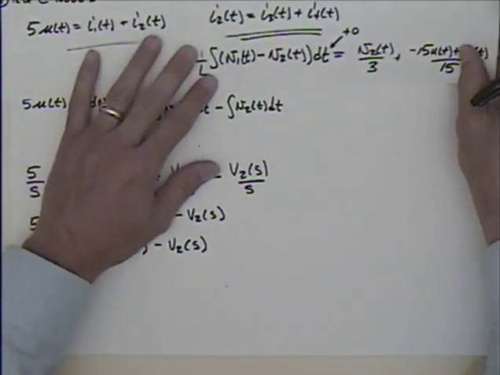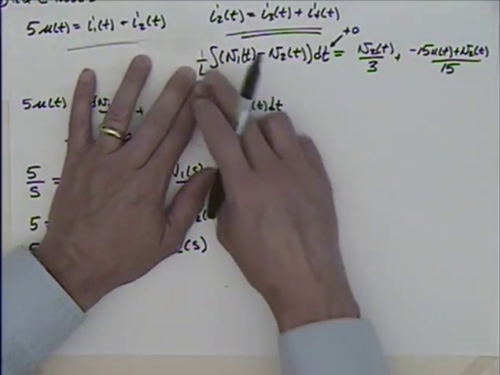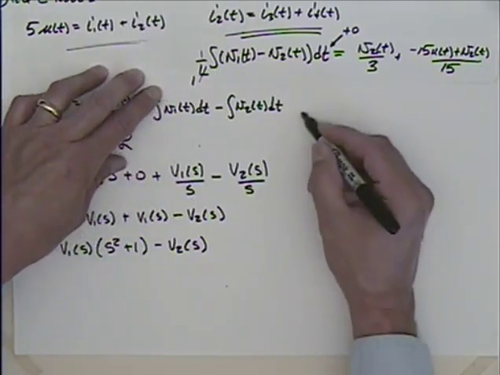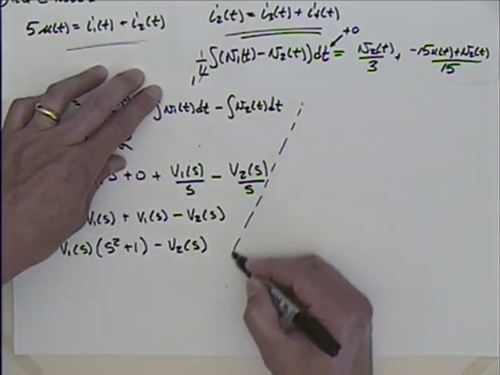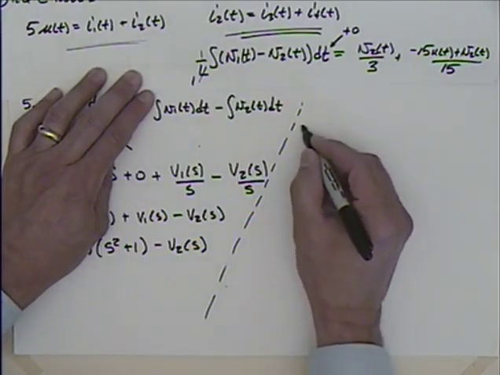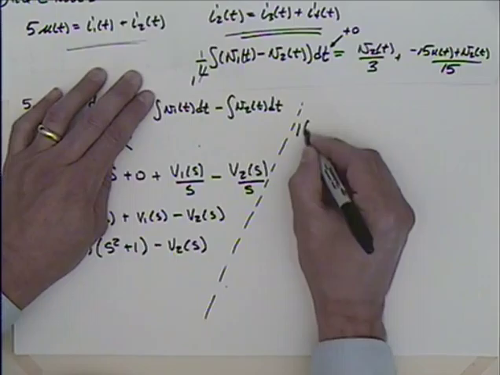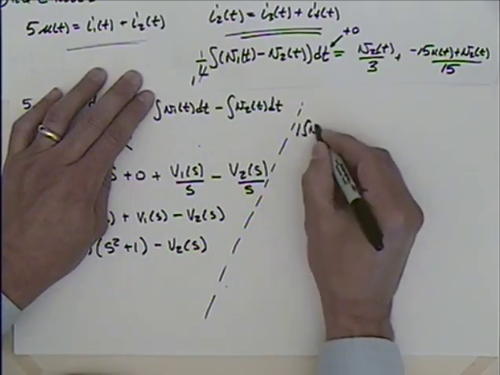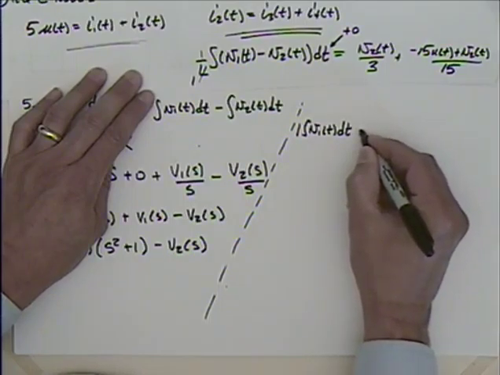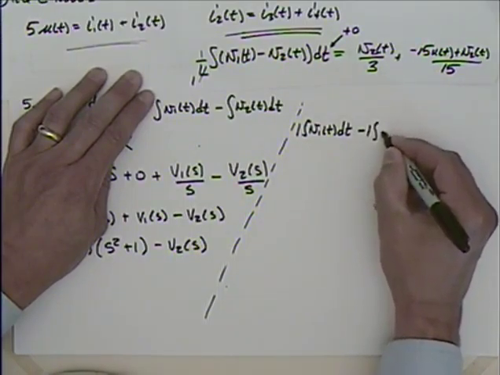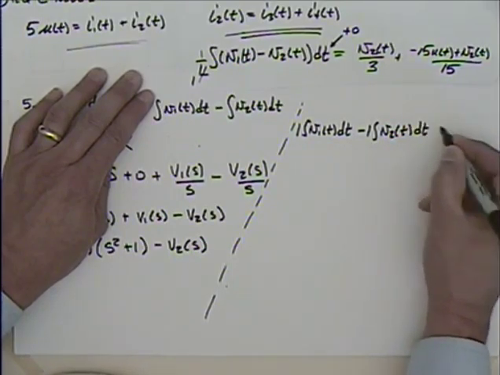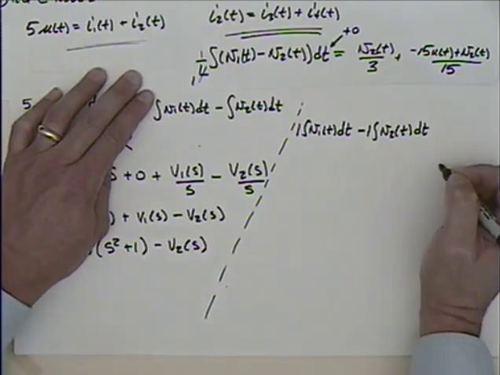maybe I'll use some space here to go through that. L is going to be 1, isn't it? So I've got 1 times the integral of V1 of t dt minus 1 times the integral of V2 of t dt is equal to what?